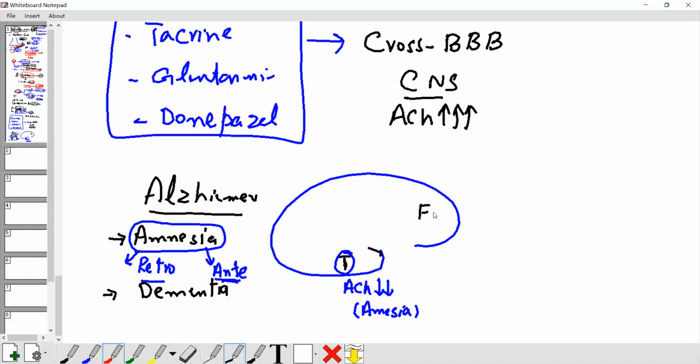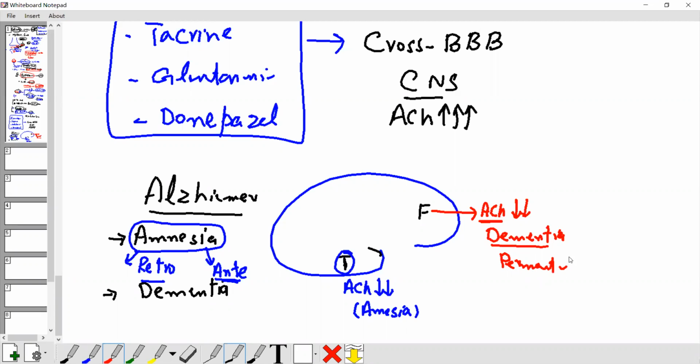If acetylcholine decreases in the frontal lobe, the patient has dementia. What is dementia? Dementia means permanent loss of memory. This memory never comes back.